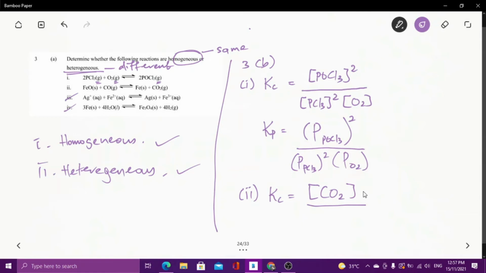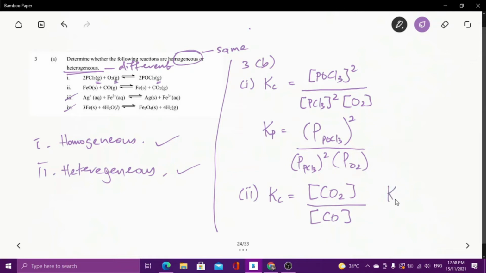Okay, sepatutnya didarab dengan Fe, concentration of Fe, tapi kita akan ignorekan dia, okay, because sebenarnya dia just darab satu sahaja. Okay, the value of Fe tu adalah 1, but we don't have to put it. Okay, so just ignore it there, and then kita just bahagikan dengan concentration of CO. So that's the Kc for question number 2.